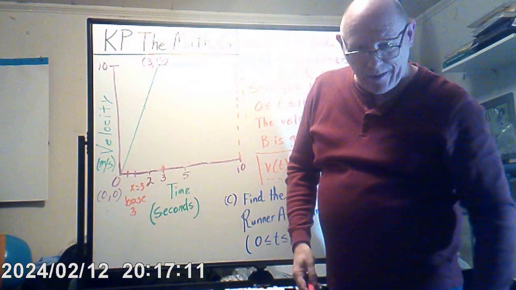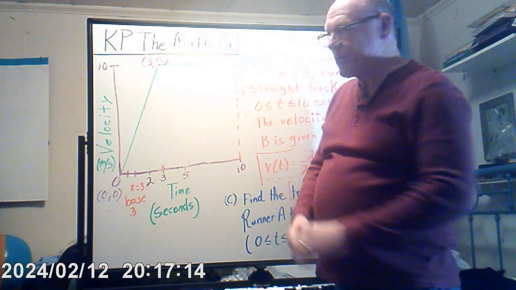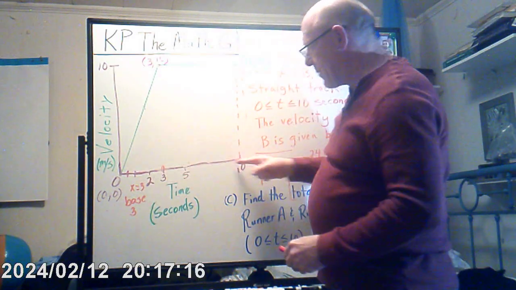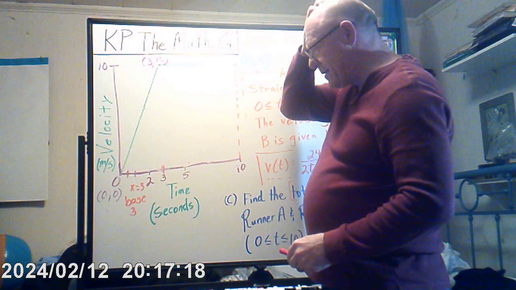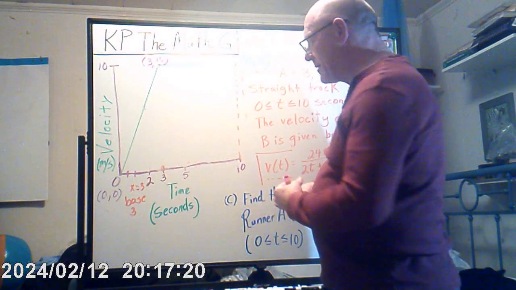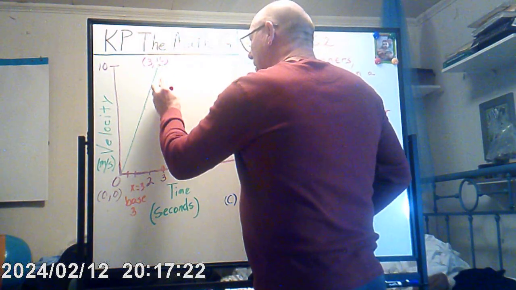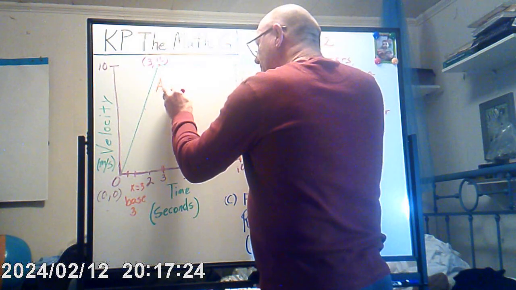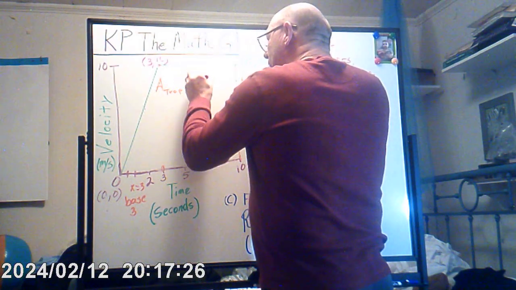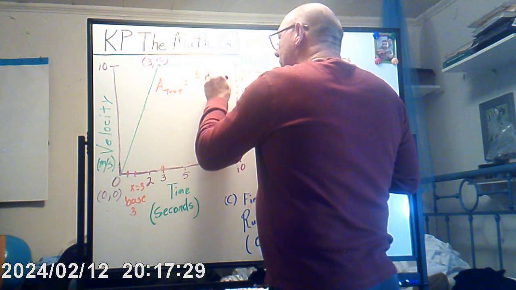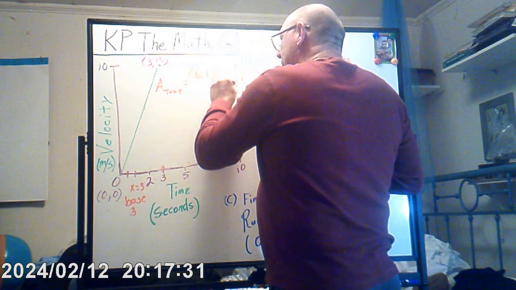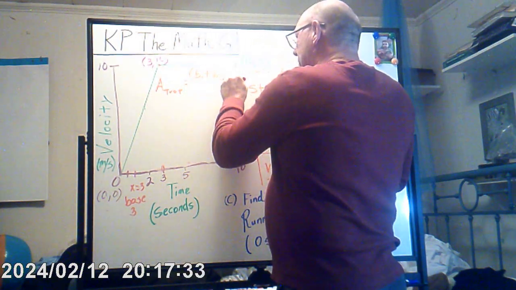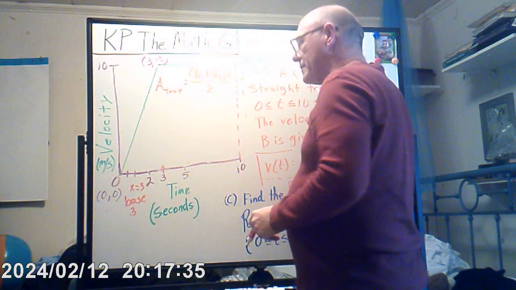Now, what's the area of a trapezoid? You have parallel bases. We're going to add up the bases. So the area of a trapezoid is base 1 plus base 2 times the height divided by 2.